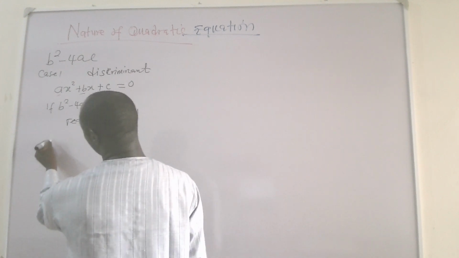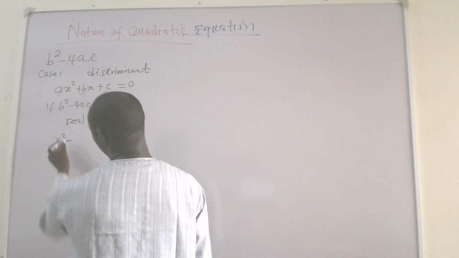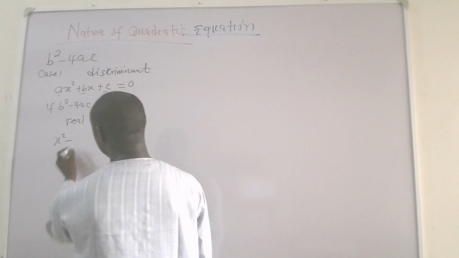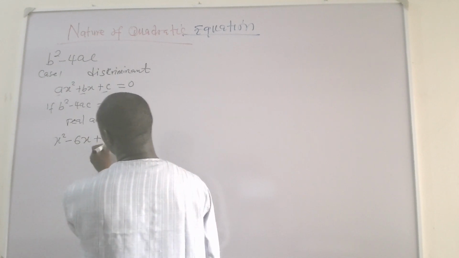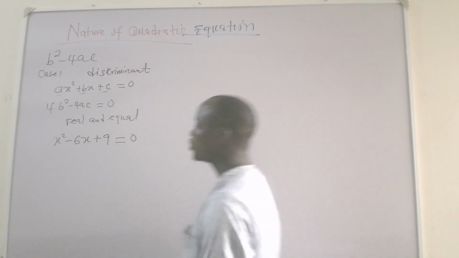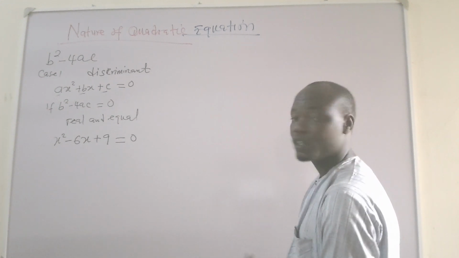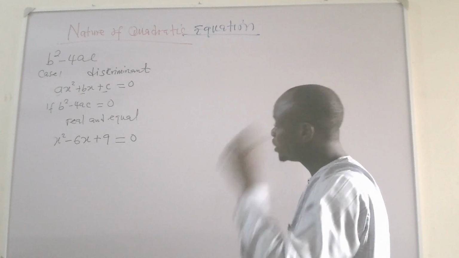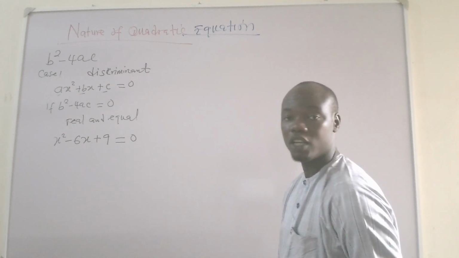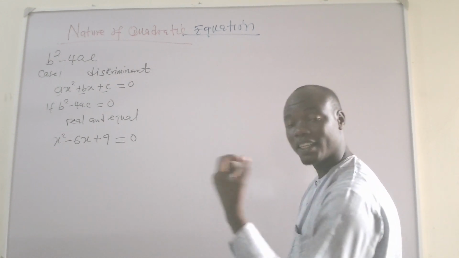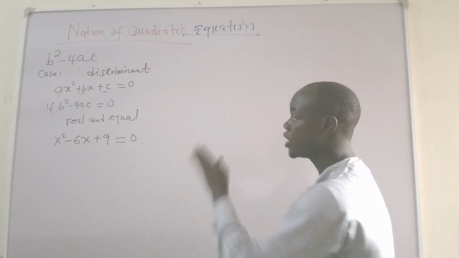Let's say we have the equation x squared minus 6x plus 9 is equal to 0. Let's use this equation and the discriminant to see which type of roots we have.